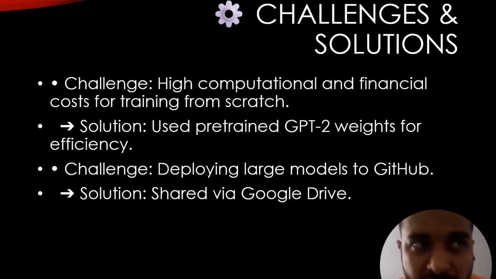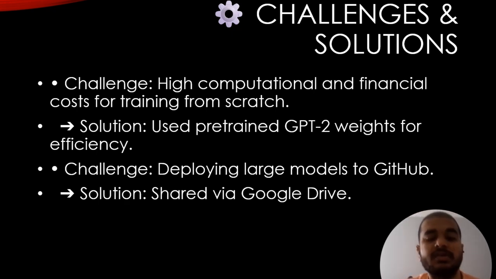Around $6 billion was the estimated cost required to train the GPT-2 model. I don't have that much money to spend, and it would require large computational speed, so I decided to take the pre-trained weights which OpenAI has officially announced.